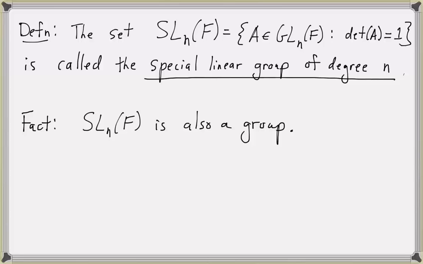So we'll see examples in the future of these matrix groups over fields. Now we'll mention another classical example called the Quaternions.